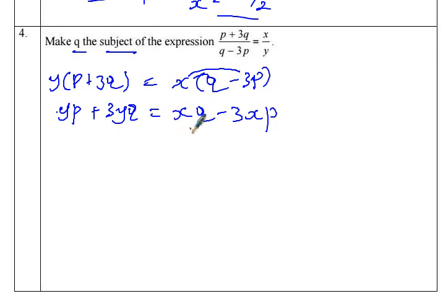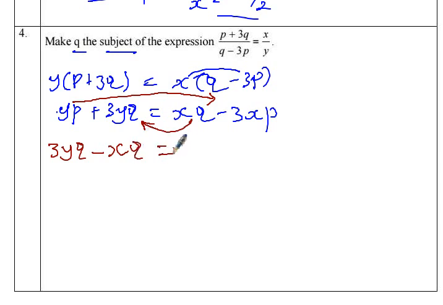Now since we need terms with q to be put on one side, allow me to have the q terms on the left hand side. So I want to bring this to this side, and now that this term has no q, I'll take it to the other side. So now I'll write 3yq, it is positive, then when this term crosses the equal sign, it becomes minus xq, is equal to, now this term here that has remained is minus 3xp, and at the same time when this term crosses the equal sign, it also becomes minus yp.